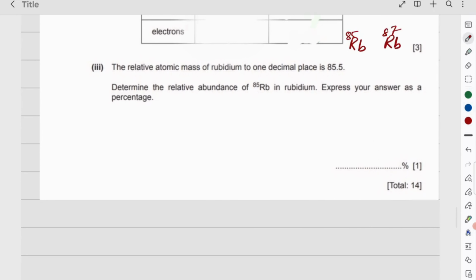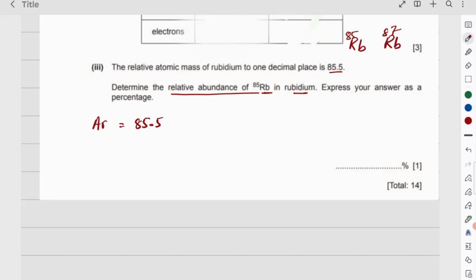The relative atomic mass of rubidium to one decimal place is 85.5. So AR of the substance is given to us, that is 85.5. Determine the relative abundance of rubidium 85 in rubidium.